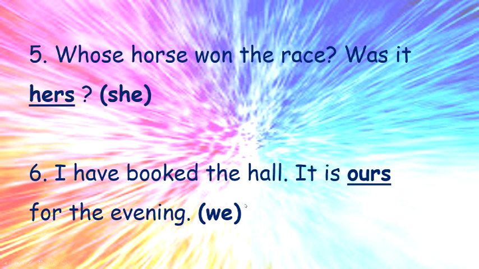So, we is changed, or we can say ours is our first person possessive pronoun in relation to the word we. Similarly, hers is the third person possessive pronoun related to the word she.